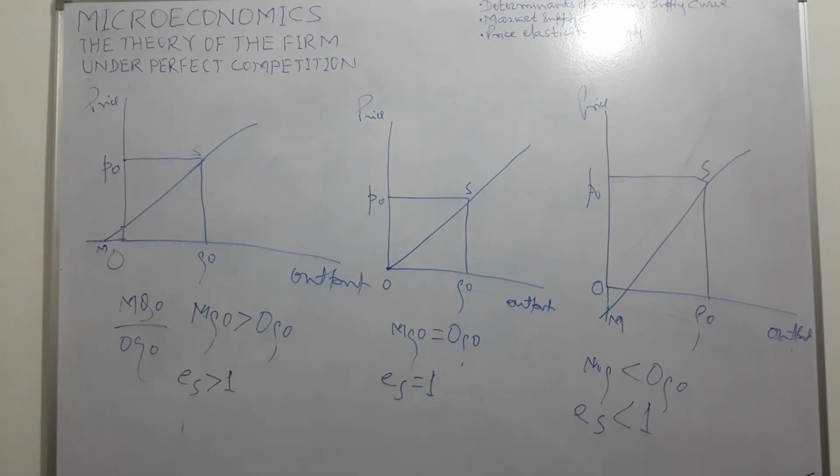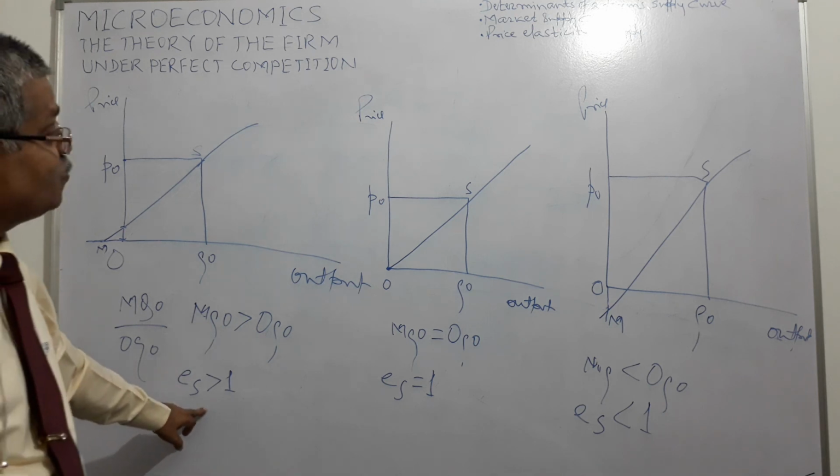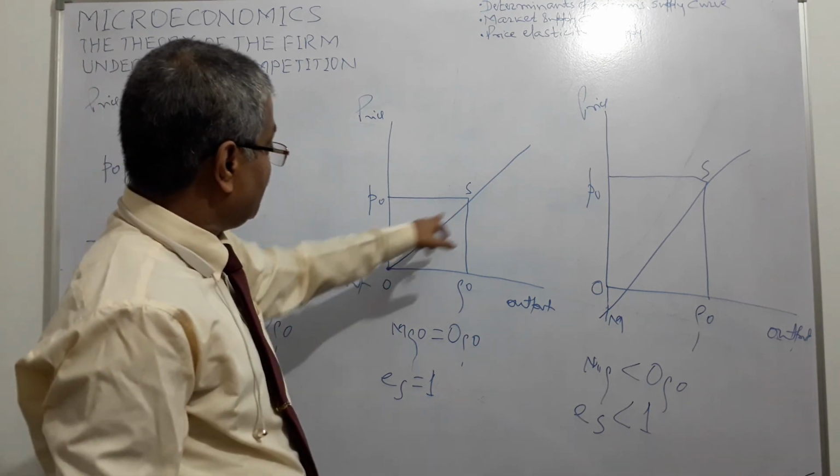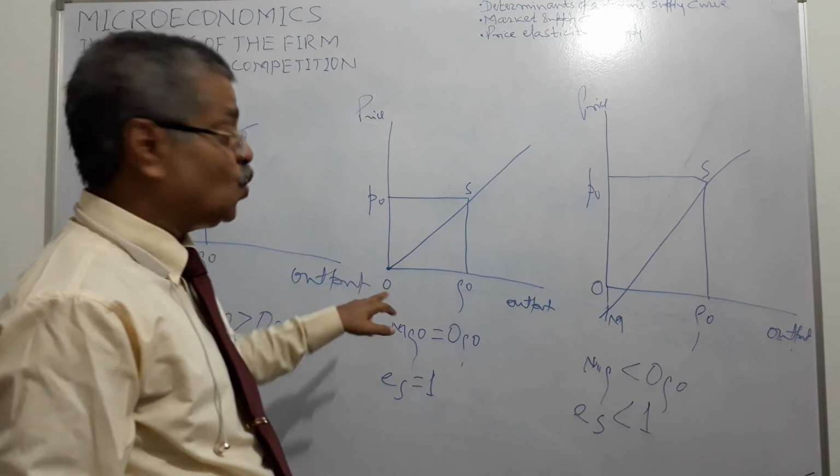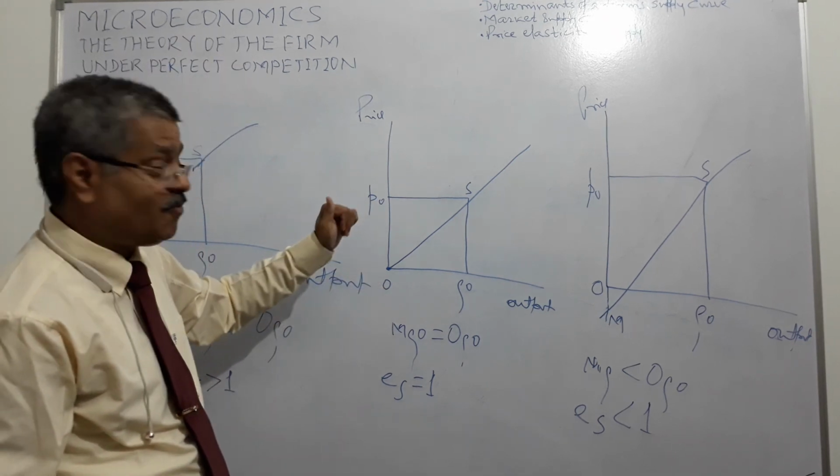Right? Here the supply line has cut the price line in a positive area, right? And MQ0 is larger than OQ0, so price elasticity will be more than 1. Here M has converged with O. It has cut in such a way.